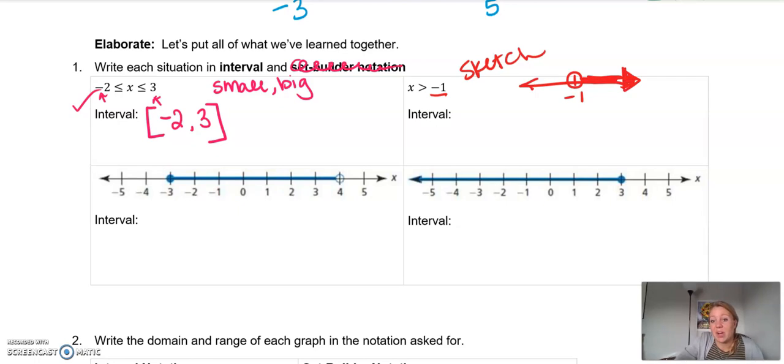So that forever means we're going to infinity. So when I'm thinking left to right or smallest to biggest, I have -1 all the way to infinity. Because I have this less than or greater than sign without an equal to bar, I'm just going to use a parenthesis. And with infinity, we always use parentheses.